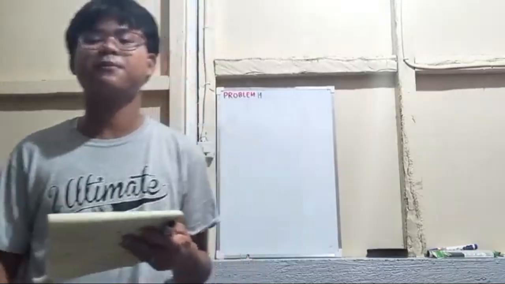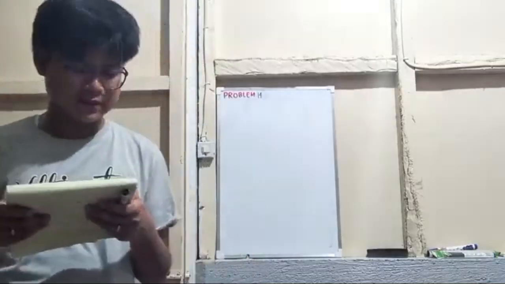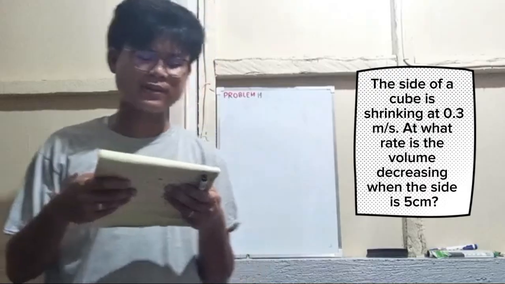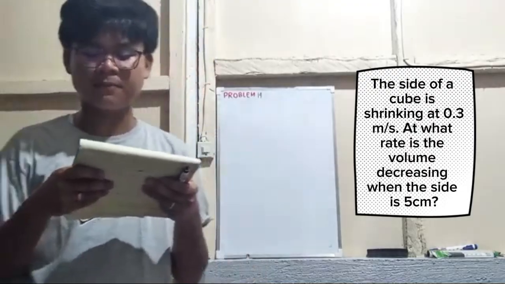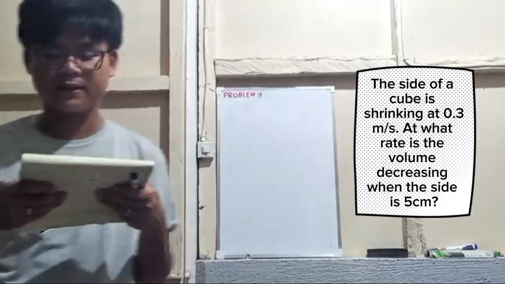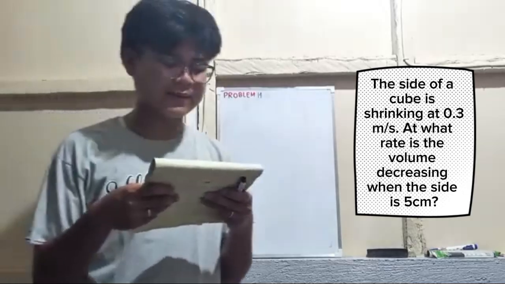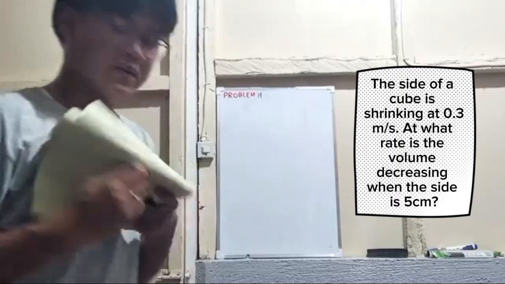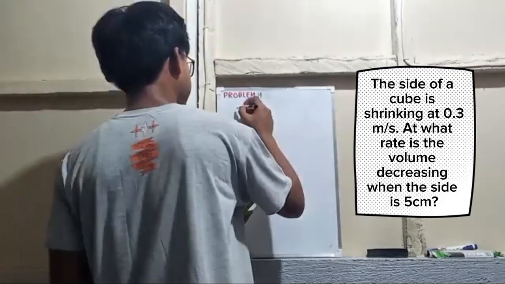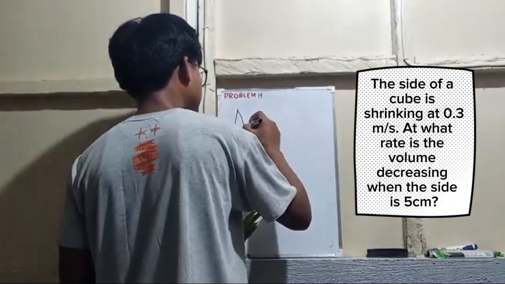So, we'll proceed to problem 15. The height of a triangle is increasing at 2 cm per second, and the base is 10 cm. It is constant. How fast is the area increasing when the height is 12 cm? So first, we'll draw a triangle and identify its given.